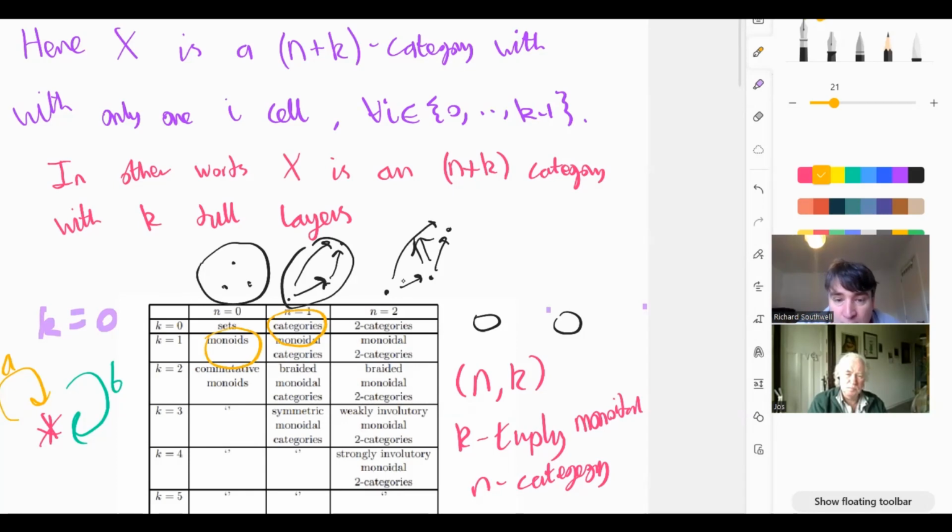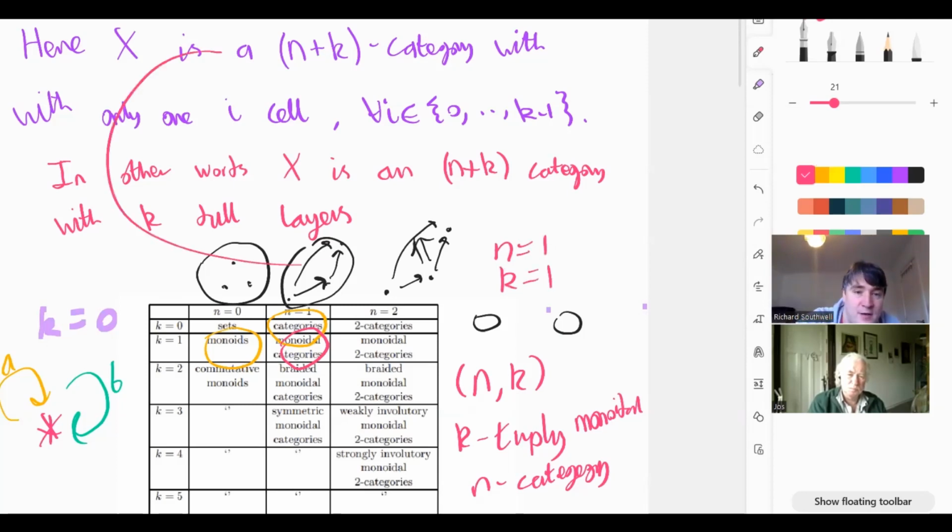Another thing you can do, let's say you want to cook up something in here. Let's use a different color. Let's say you want to get something in here. So what should this do? We've got n equals 1 and k equals 1. So what does this mean?